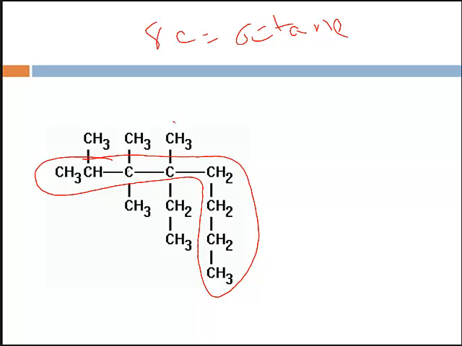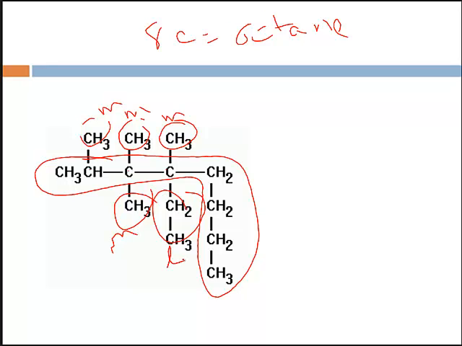Coming off of that, we have something here, here, here, here, and here. These are all methyl groups. This is an ethyl group. Counting, if we start from the right, 1, 2, 3, 4, 5. If we start from the left, 1, 2, 3, or 1, 2, sorry. So therefore we're going to start from the left this time. So we have 2, 3, 4.